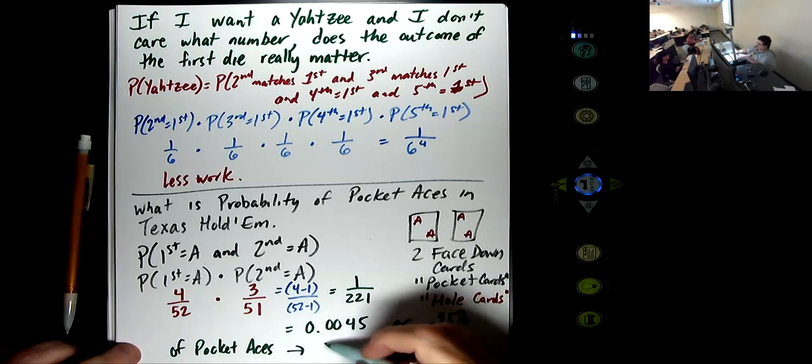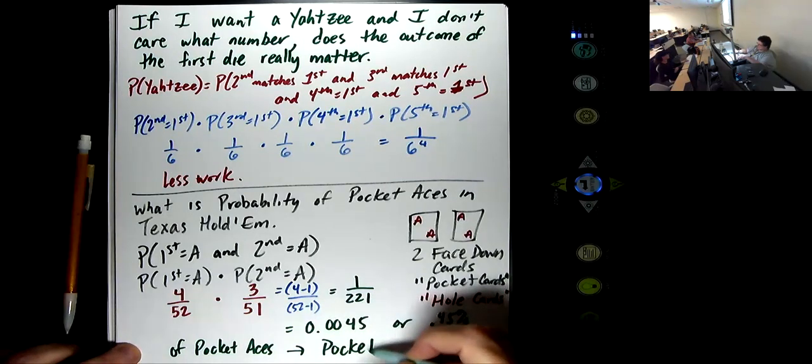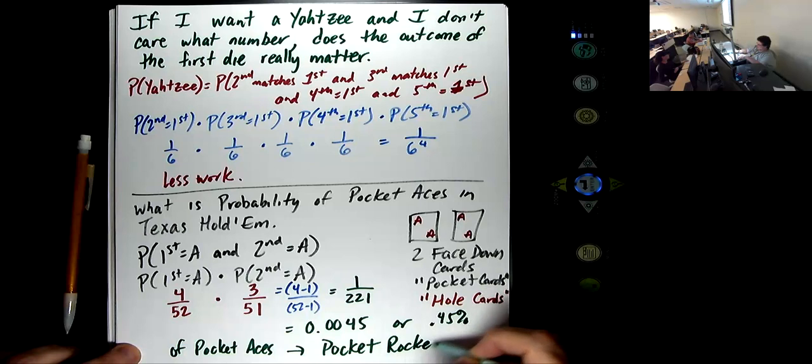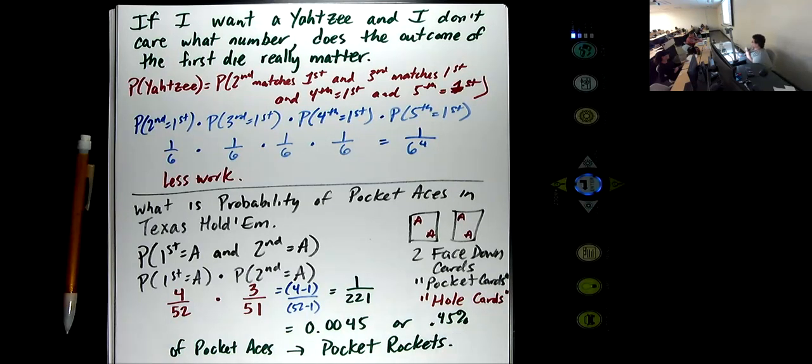Another name for them, I like the name pocket rockets, because the ace looks like the tip of a rocket head. It's a good name for them.